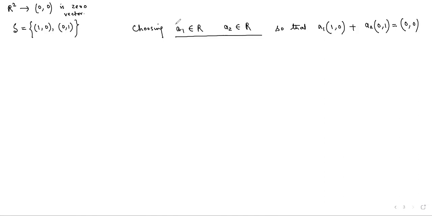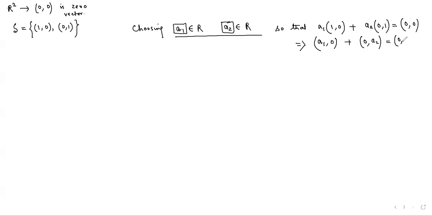0, 0 is the zero vector, which is nothing but the origin of the two-dimensional plane geometrically. So if I choose two scalars a1 and a2 in R, and if I multiply the vector 1, 0 by a1 and 0, 1 by a2, and equate this to 0, 0, then what do we get? By scalar multiplication on the left hand side, we get a1, 0 from the first case, and in the second case we get 0, a2.